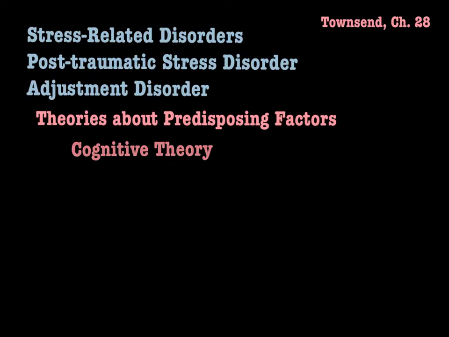So on page 563 of your Townsend book, you might find some really interesting information about the biological aspects of PTSD and why some people are more likely to put themselves in situations that predispose them to further trauma and therefore the maintenance of PTSD. And it's interesting.